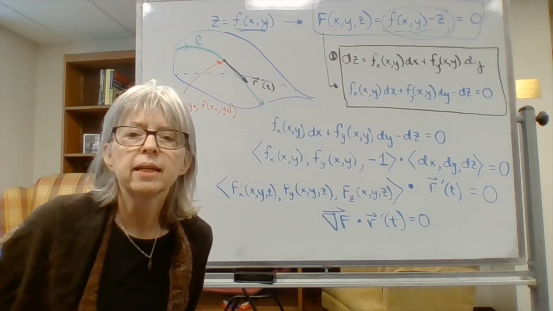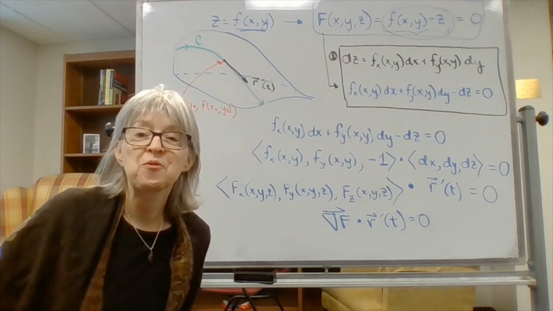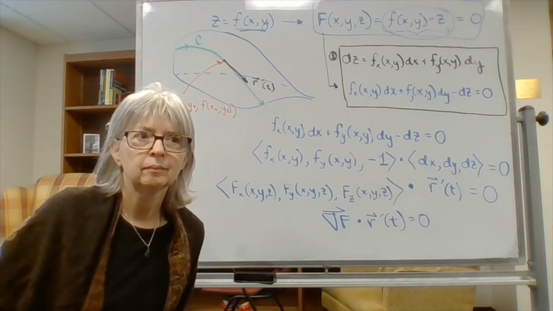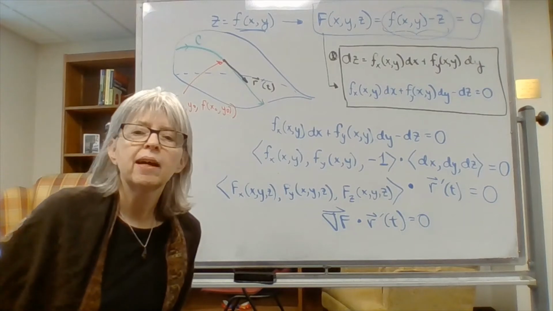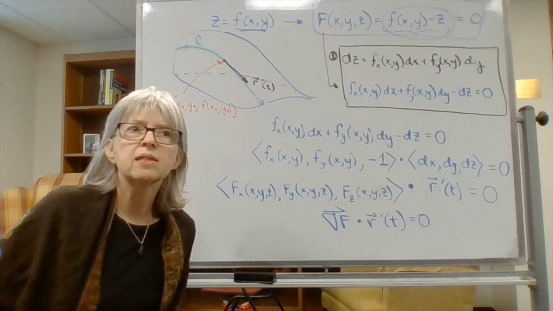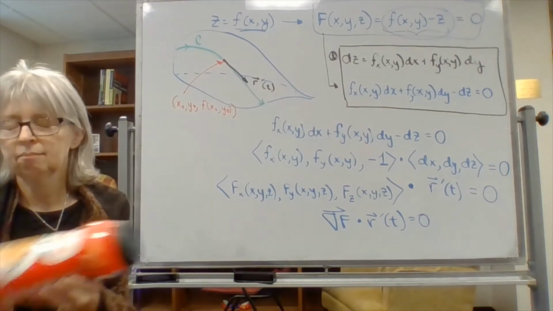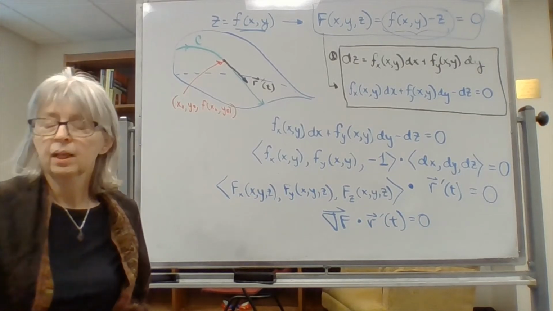It's a lot to take in. But there's a beautiful, wonderful ending to this. The big F was a notational device. My surface was defined by z equals little f of x, y, some surface.